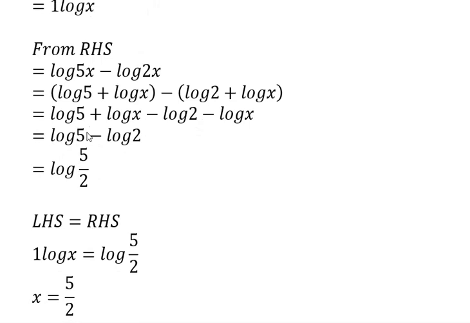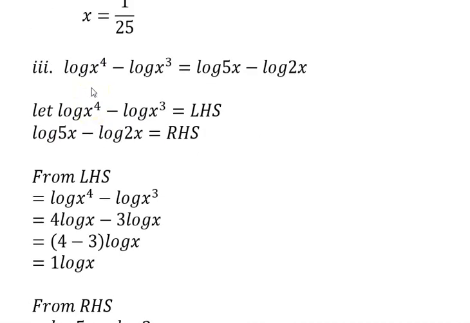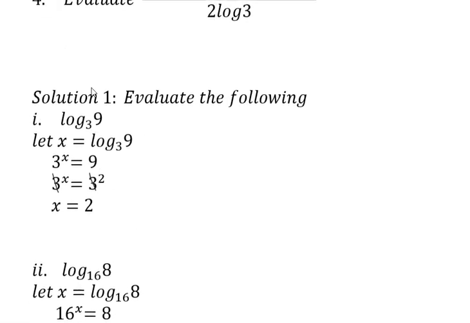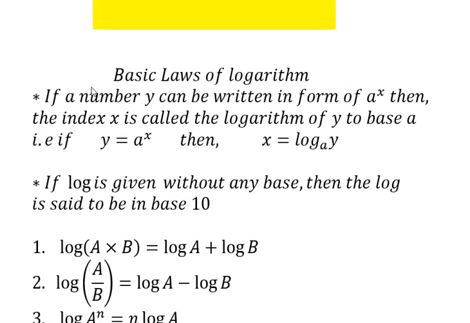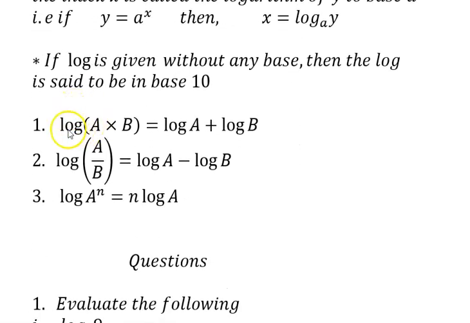So let's see our right hand side. What we have on our right hand side is what? Log 5x minus log 2x. Now look at this, everybody. Let me quickly refer to it, because from our law number 1, beautiful. Like we've explained, we say log A times B is log A plus log B. And I said it earlier that this times here, if it is not there, we just have AB.